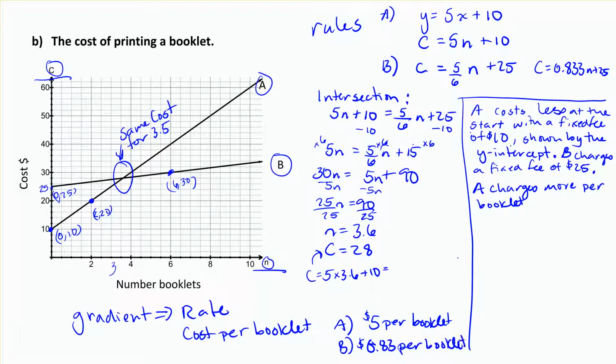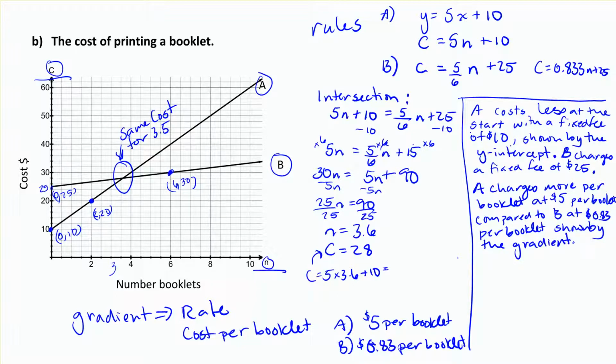So I can see that Company A is much more expensive per booklet. So A charges more per booklet at $5 per booklet compared to B at 83 cents per booklet, shown by the gradient.